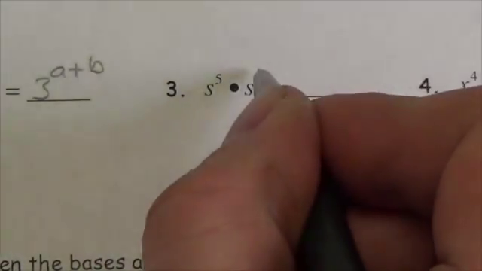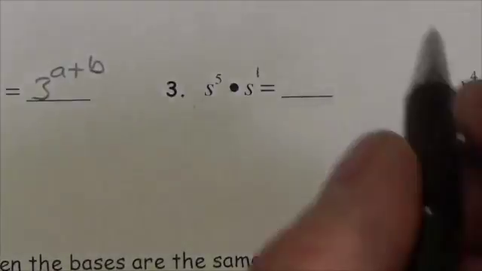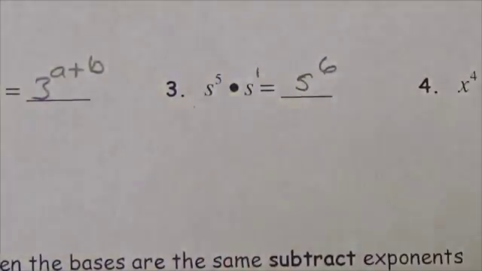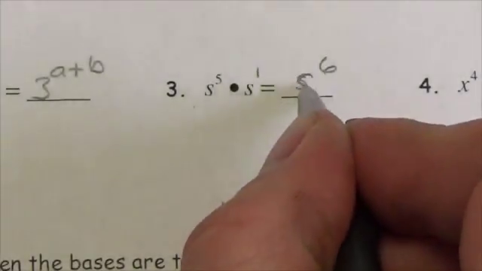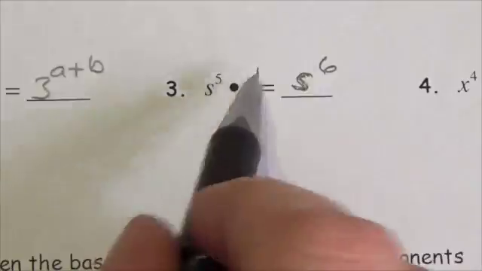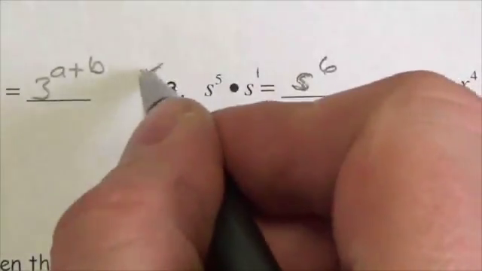The exponent is 1. So s to the fifth times s to the 1 is going to be the sum of those two. This will be s to the power of 6. A lot of times people forget that there's a 1 there that needs to be included. That's an important question. Just little details, but it makes a big difference.